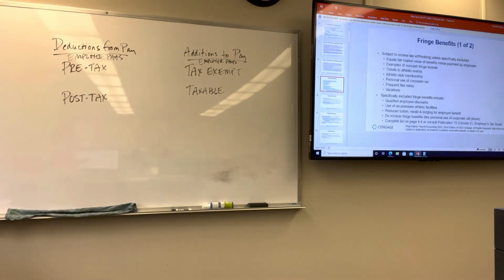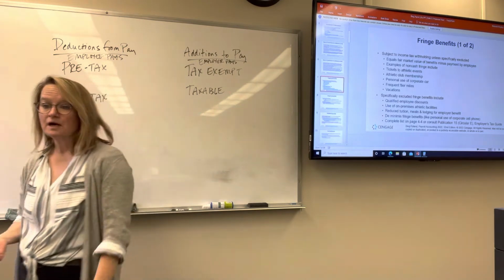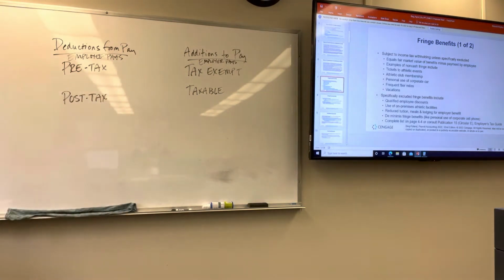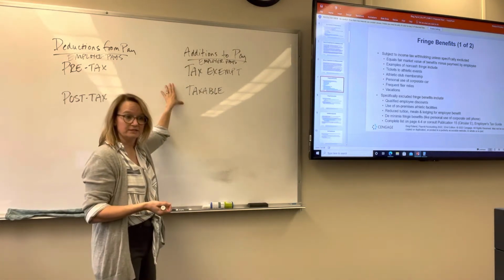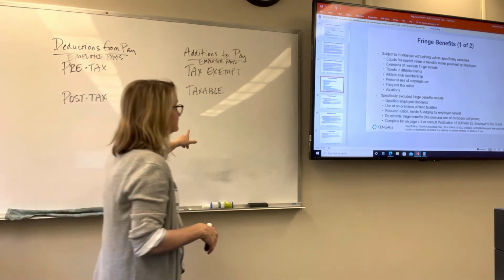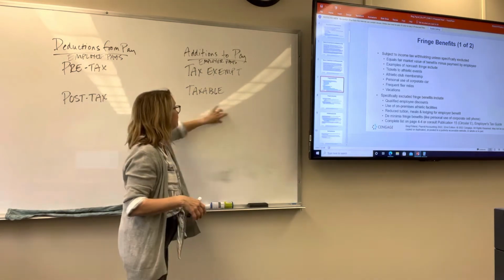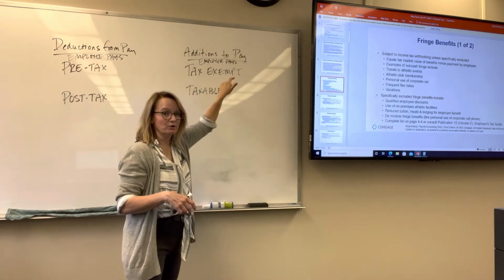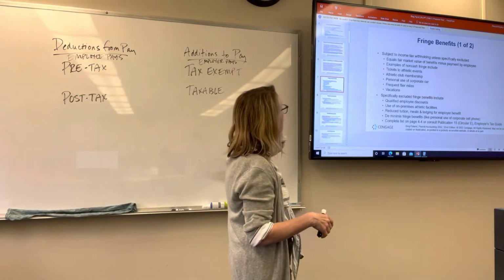Subject to income tax withholding means it's taxable. Non-cash fringe benefits, those tickets to athletic clubs, the value of those is going to be taxable, added to an employee's pay. The value of frequent flyer miles, personal use of a corporate car, those are all going to fall under this taxable category, where it's going to get added to the taxable pay.